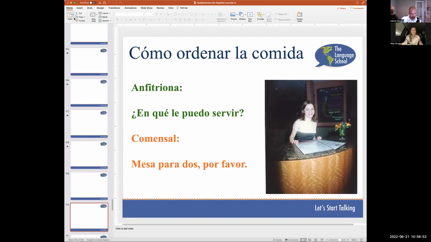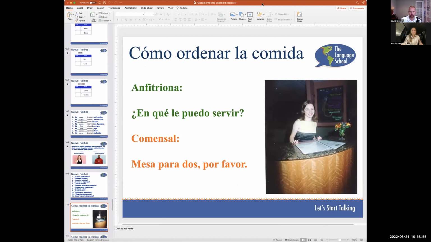All right, so I want to take our time to review this because this is the absolute foundation of being able to speak Spanish. So let's keep going with this. That was a good little review. Does it feel a little bit better? It does, yes. Cool. No shame in reviewing.